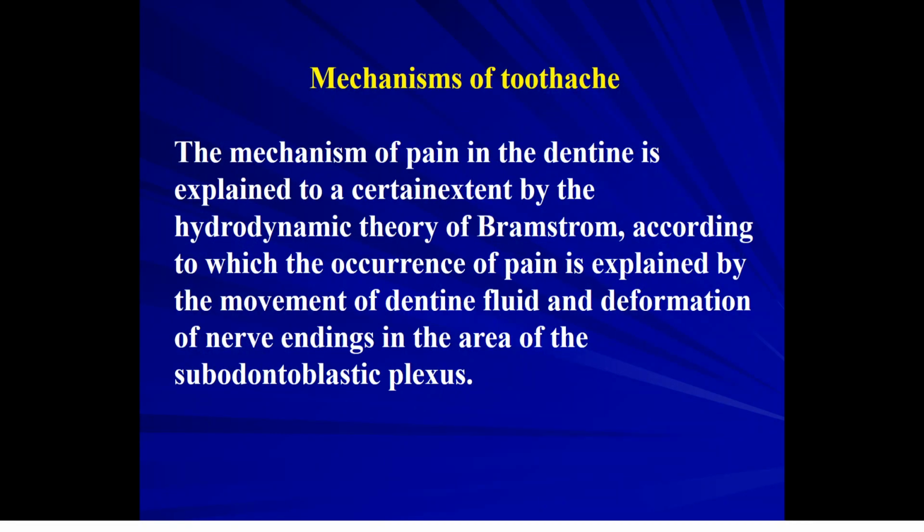Let's learn the mechanism of toothache. The mechanism of pain in the dentin is explained to a certain extent by the hydrodynamic theory of Brännström, according to which the occurrence of pain is explained by the movement of dentin fluid and the stimulation of nerve endings in the area of the subodontoblastic plexus.